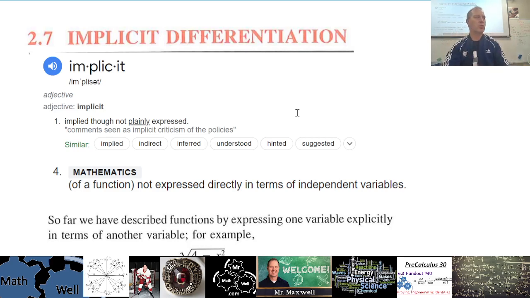This is where you've maybe heard these words. Explicit is not implied, it's very plain, very kind of raw, okay? But implied is something that's a little more, I wouldn't say subversive, but a little more under the surface, right? So in mathematics, implicit means not expressed directly in terms of independent variables.